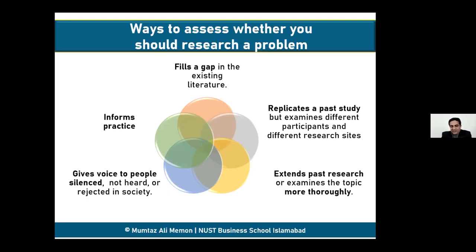So overall, the summary of the importance of a research problem, whether you should research or not, is that your decision must focus on several of these issues we discussed just now. But the important thing is it must contribute back to society. If it only fills a gap or is just a replication, it may not be a powerful problem that you can justify at the end.